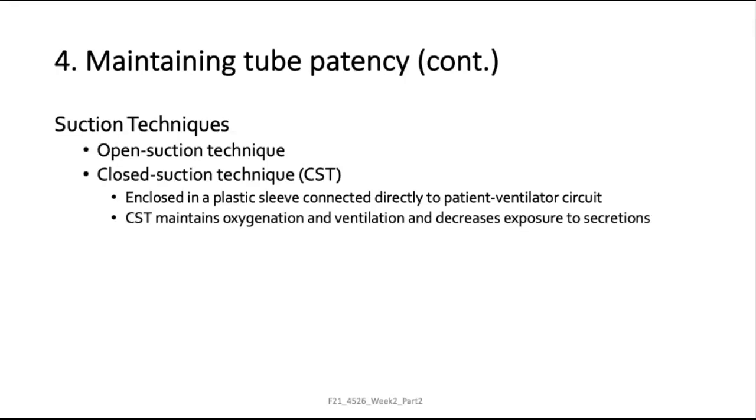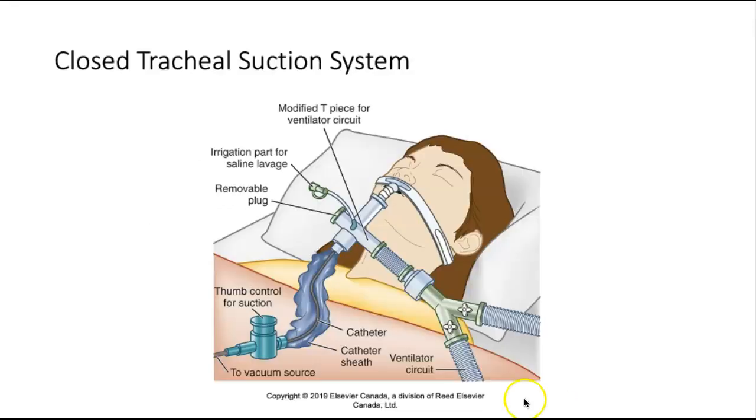If for some reason you have to disconnect the individual from the ventilator and do an open suction technique, you're basically just putting the suction catheter down the ET tube when you disconnect. But typically, the route that's happening now is this closed tracheosuctioning system.